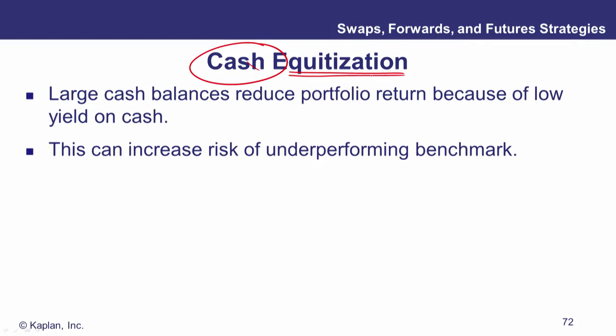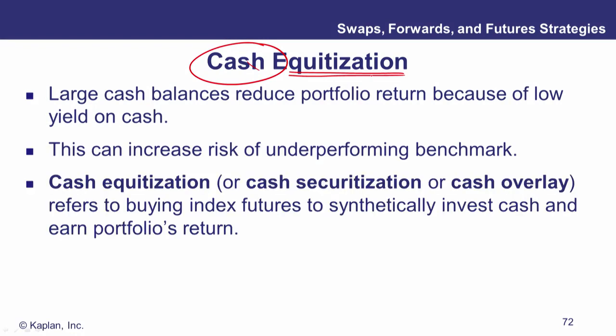So this is going to help us to avoid cash drag. Cash drag is where we have large cash positions and it causes us to drag our heels versus a benchmark that presumably is going up. Obviously, it's good to be in cash when benchmarks are going down, but we're talking about the long term here. So cash equitization refers to buying futures to synthetically invest cash.